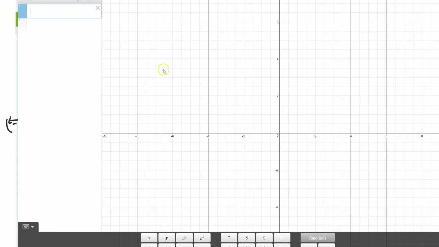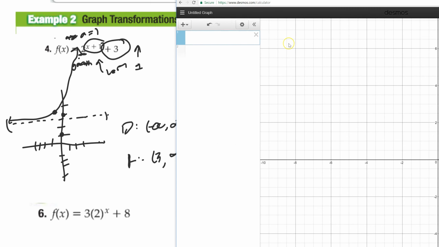Let me show you something on Desmos real quick. So we have y equals 2 to the power of x plus 1, the growth function, and then on the outside we're going to go plus 3. So like that.